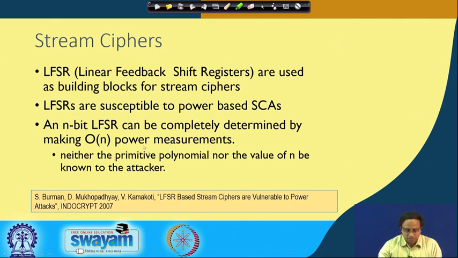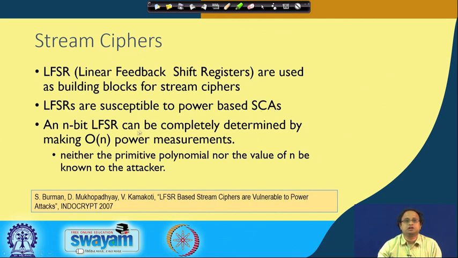In this paper, a reference published in Indocrypt 2007, you can see a paper which talks about LFSR based stream ciphers being vulnerable to power attacks. So you can look into this and see the claim, which is essentially that LFSRs are susceptible to power based side channel attacks. Therefore, one can perform a power based attack on LFSRs.